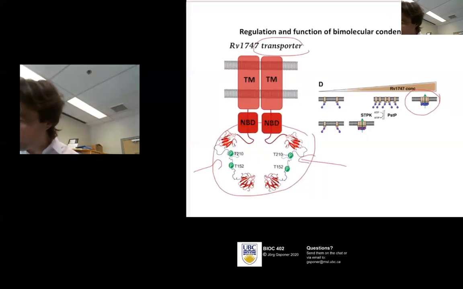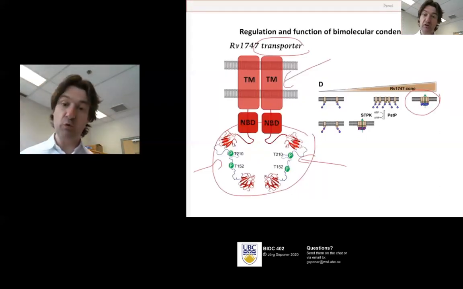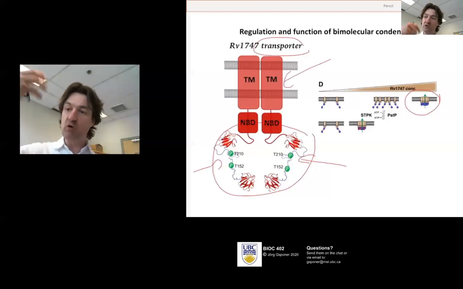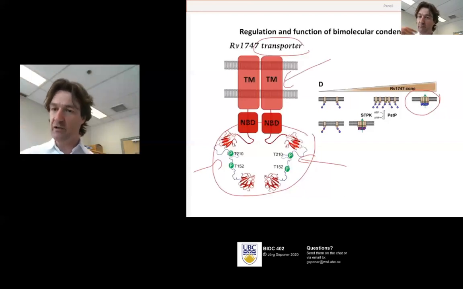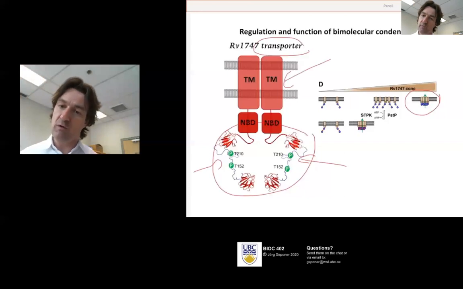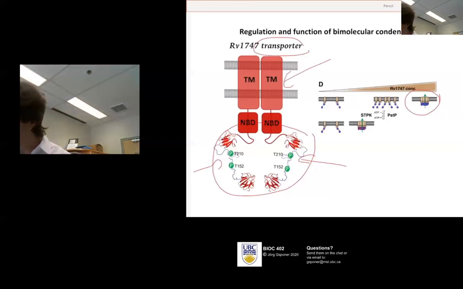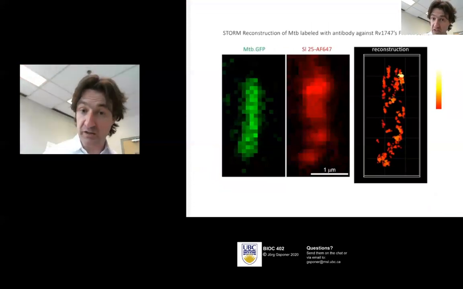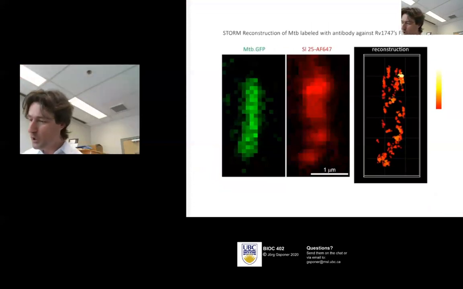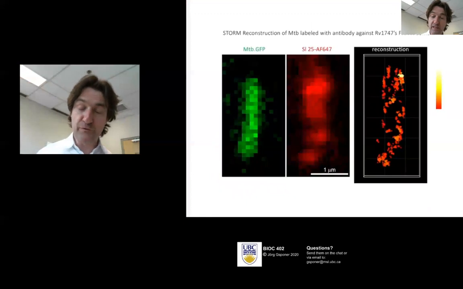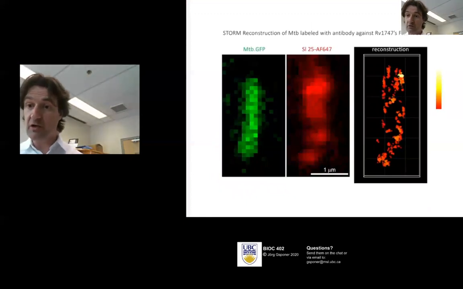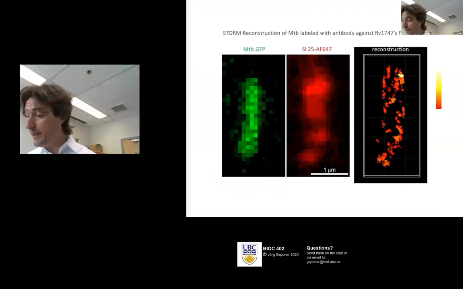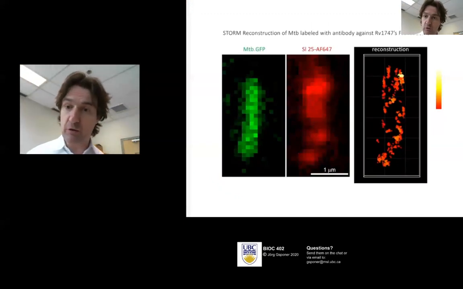Because we know also from the structure that this transporter is an exporter that exports molecules from inside the bacterium to the outside. And so we believe that the result of phase separation of the cytoplasmic part is that it enhances that export of substrates. But unfortunately, we do not yet know what the substrates are. To provide the first proof that indeed such clustering could happen, we use super resolution microscopy.